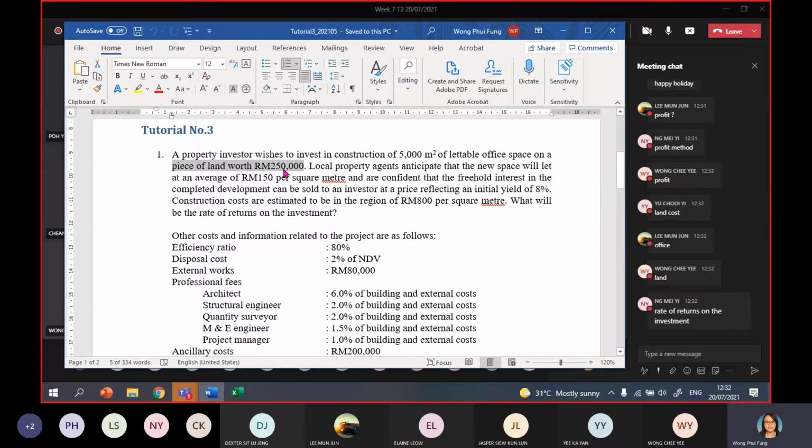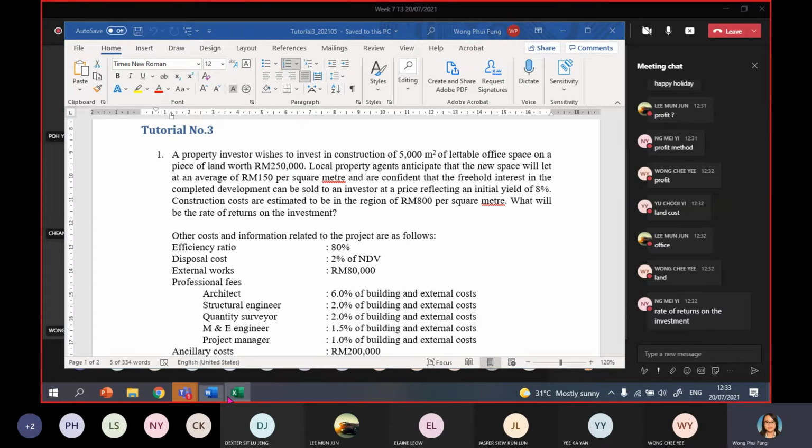And the second hint is that the land cost is given. So definitely this one will not ask you for the residue method. These are some of the ways for you to identify whether the question is asking for the residue method or the profit method. So this is the profit method.